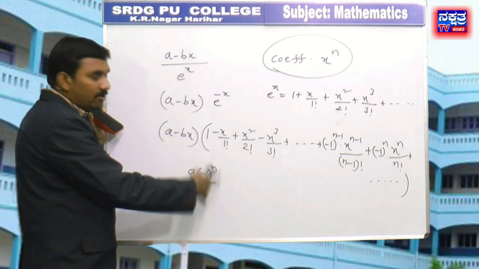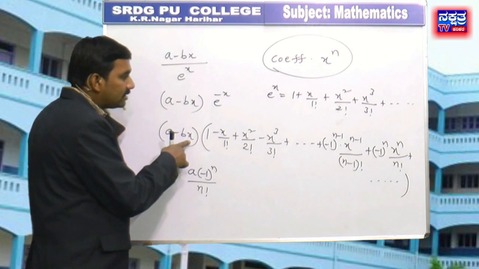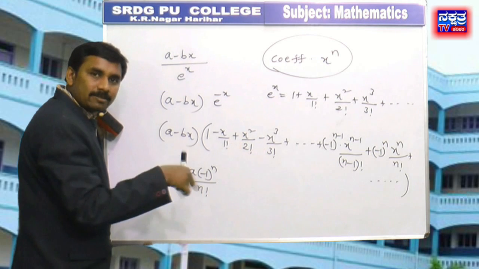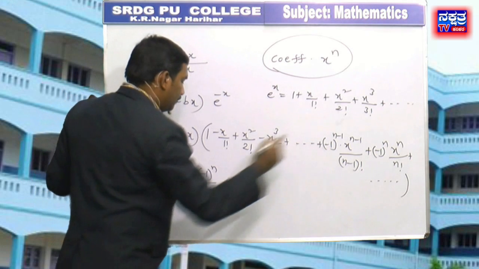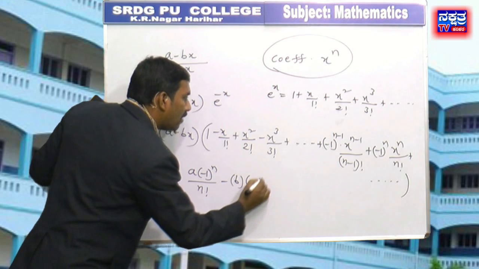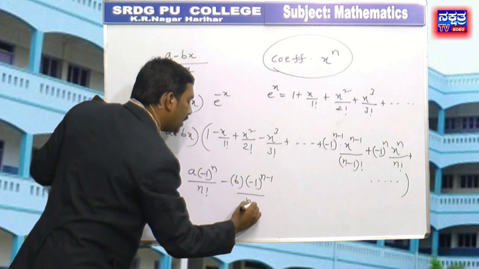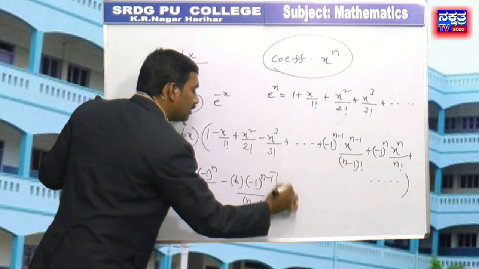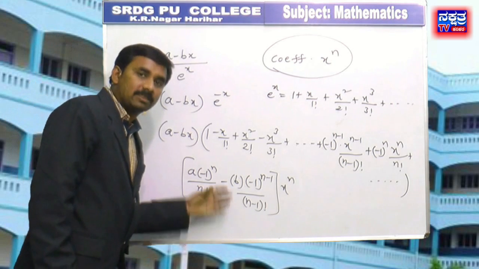This is the coefficient of x^n. Again, here the x term is there. This x term we will multiply with x^(n-1). Then it will become x^n. Hence, -b into (-1)^(n-1)/(n-1)! into x^n. So this is the term we will get as the coefficient of x^n.